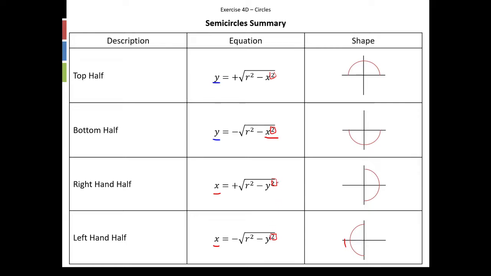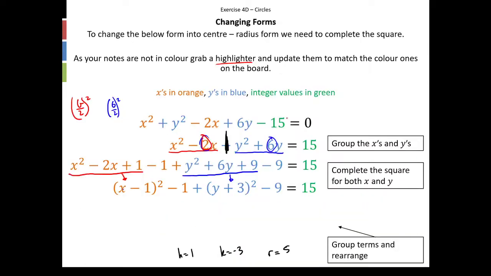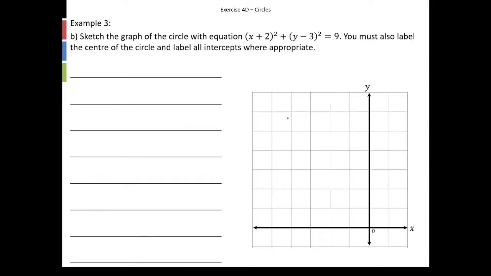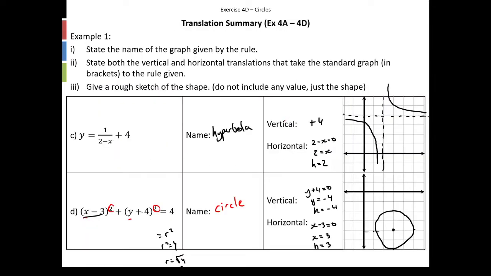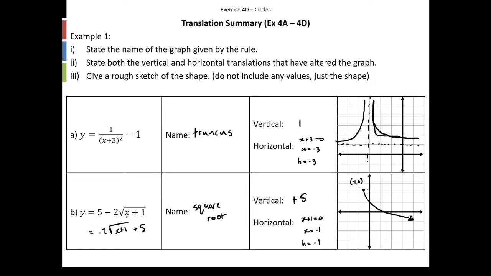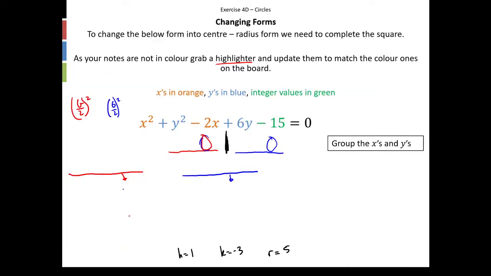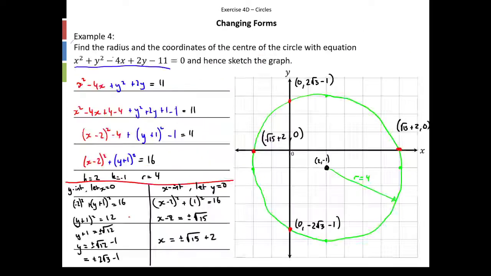As soon as you see a squared term inside the square root, you know it's a semicircle rather than a square root graph. Because if you go back, where's the square root one? Here. It's of order 1. It's just an x, it's not x squared. So that's how you tell the difference.